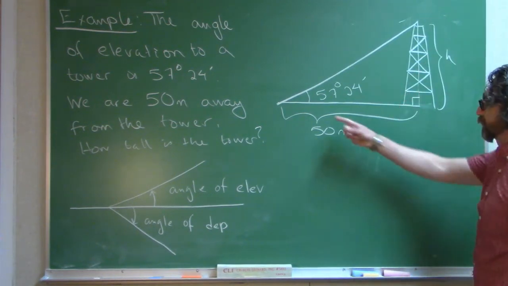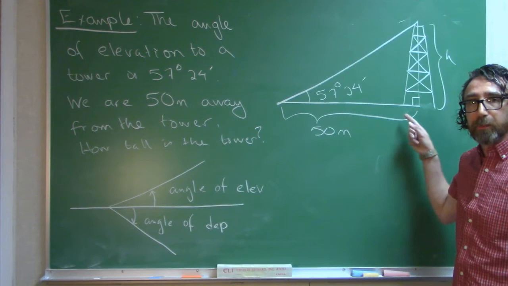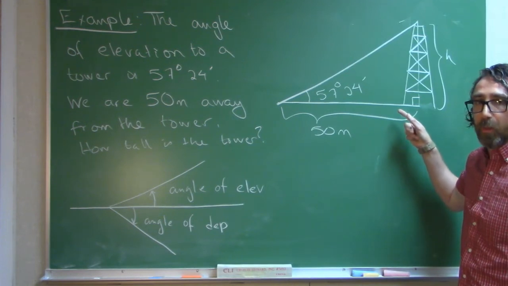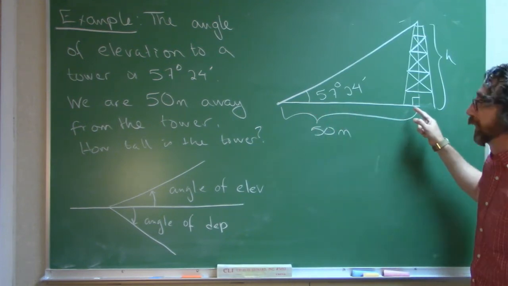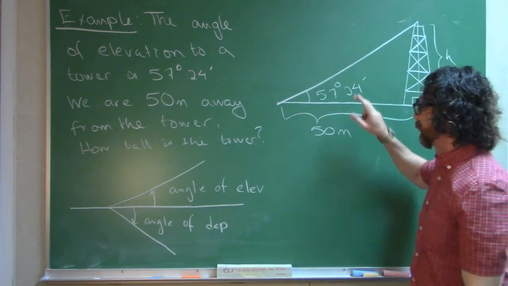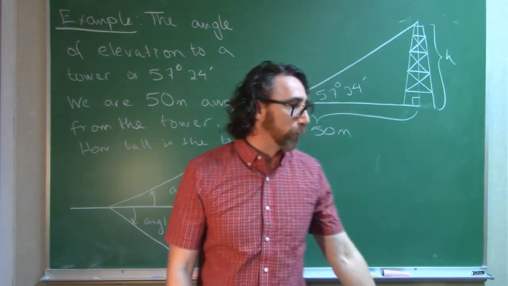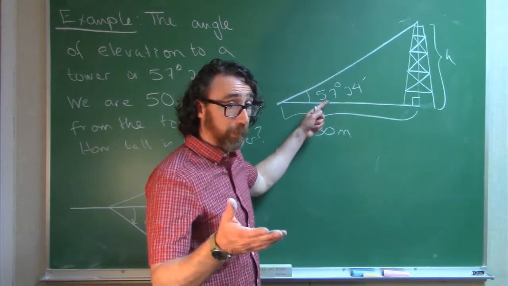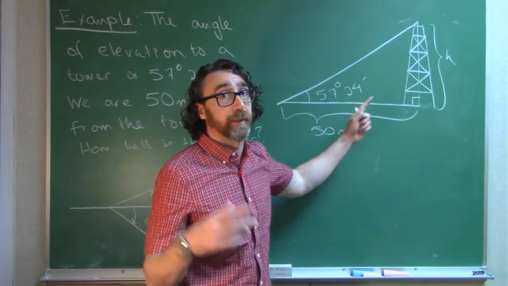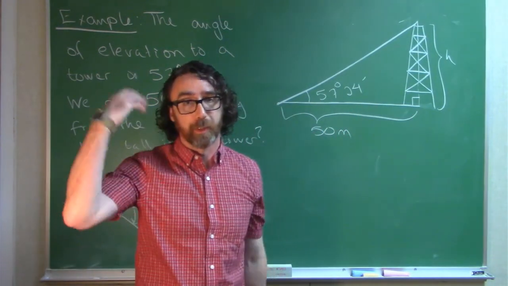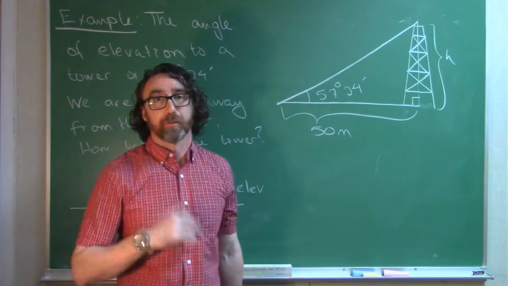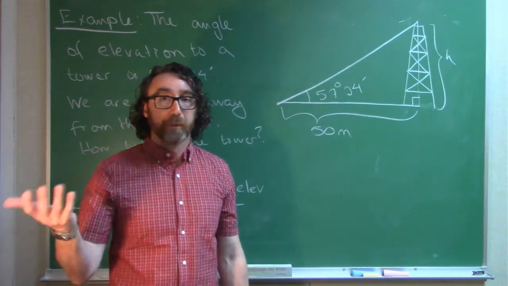So I've got my triangle here. The 50 meters is along the horizontal. That's the base of my triangle. I want to know the height. I know this angle. From the perspective of this angle, I know the adjacent side. I want the opposite side. We have to think of a trig function that involves opposite and adjacent.